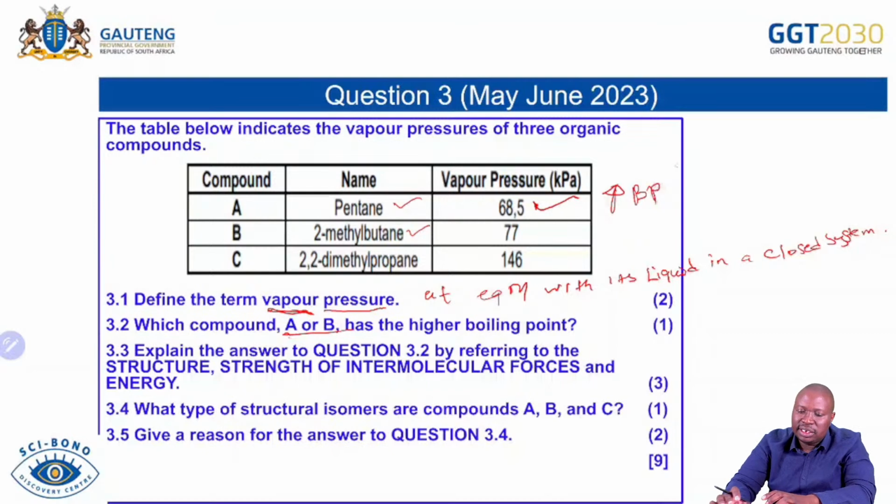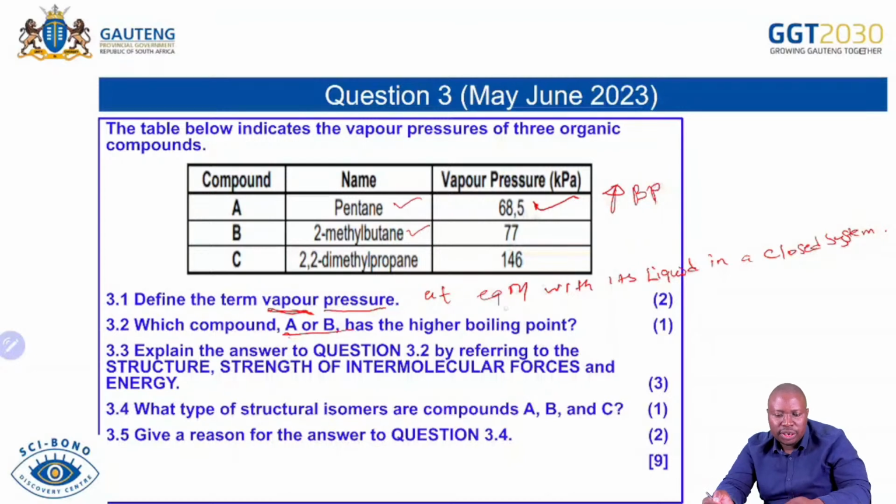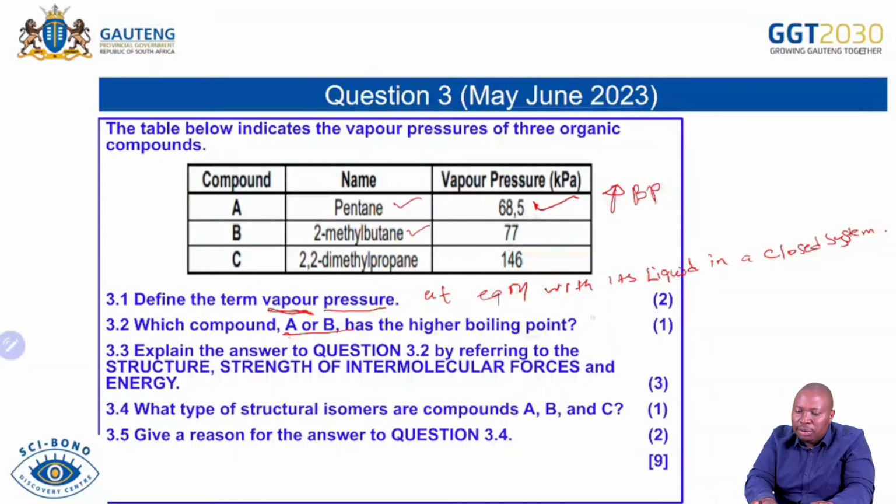In this case, they're asking about boiling point. So your point of departure is: lowest vapor pressure means highest boiling point. The question asks which one has the higher boiling point, so you will say pentane. You get your 1 mark, or you can just say A, because the question said A or B. So your answer must say A.